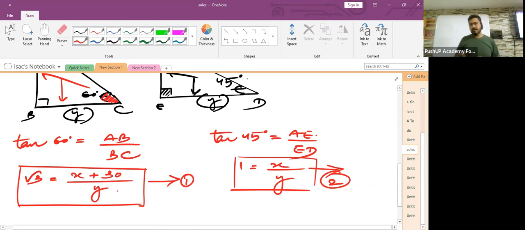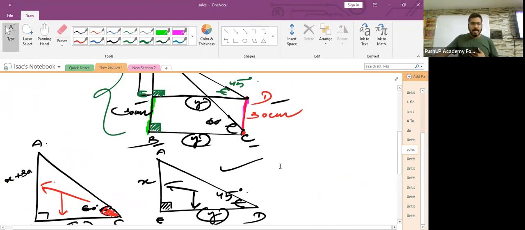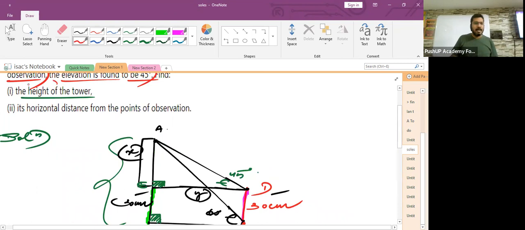Now, let me identify which side I had to find, the height of the tower.